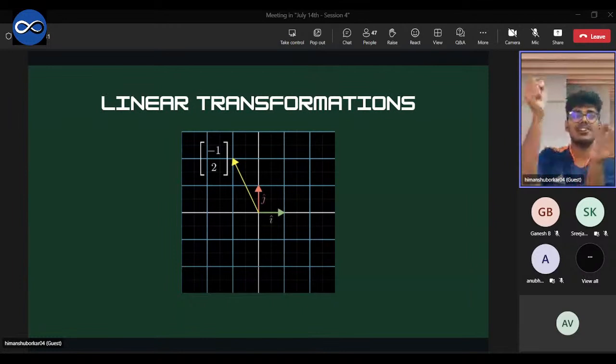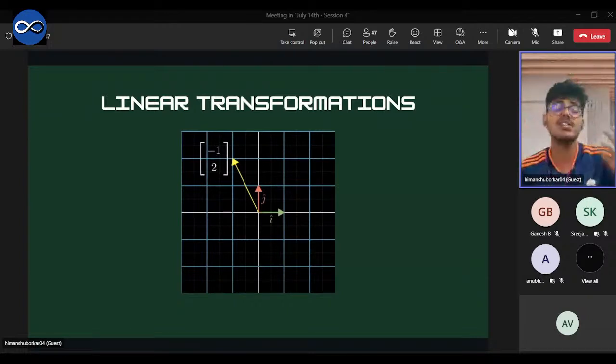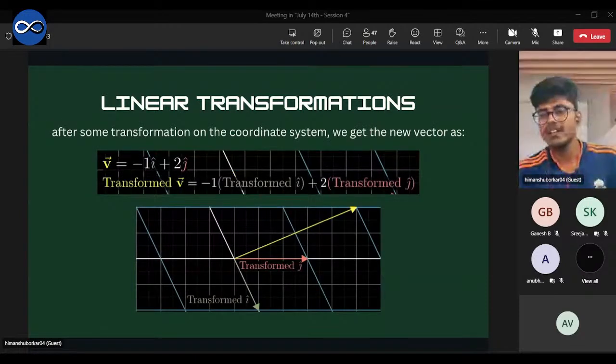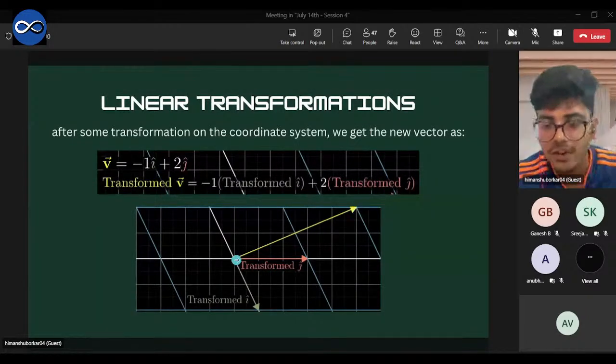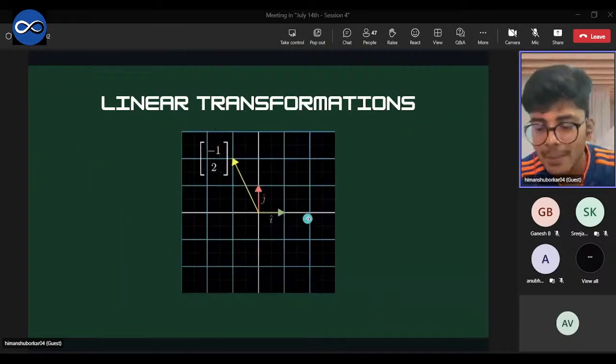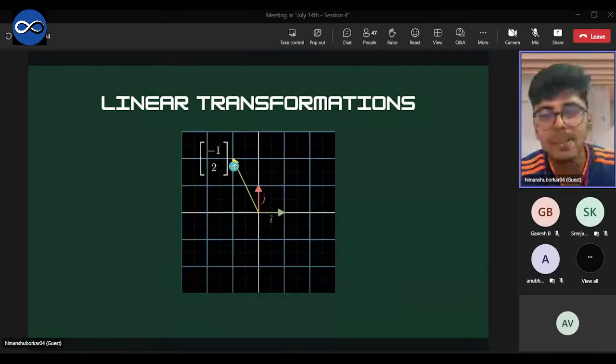Or maybe not even a mop, just some elastic sheet and you're stretching it. You're making some sort of changes which is linear, which satisfies all the linear conditions. So the resultant vector turns out to be something like this. Initially, it was somewhere over here, but after that stretching that I did, it's over here.